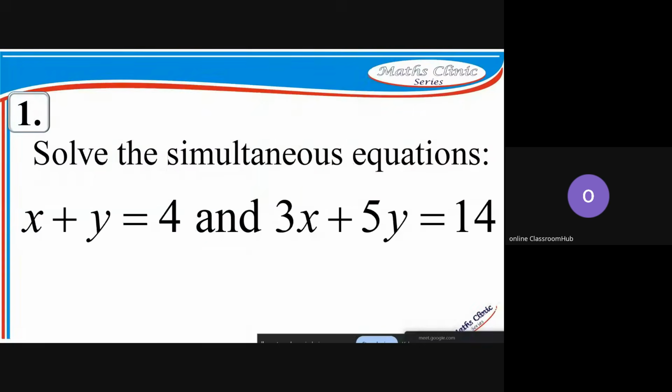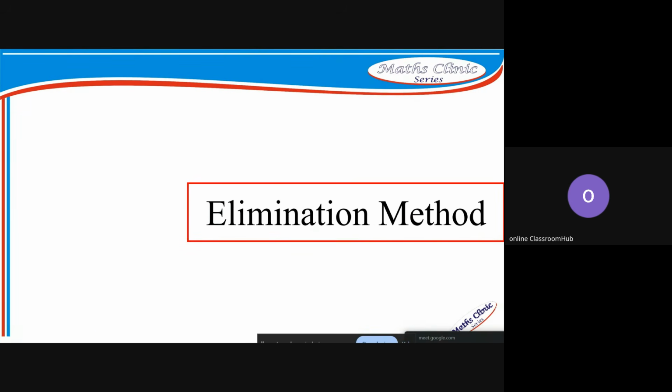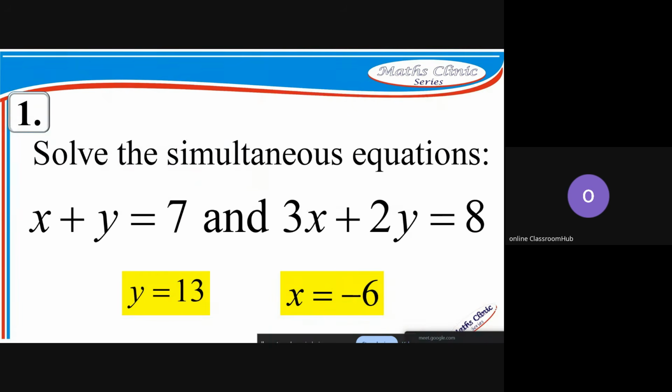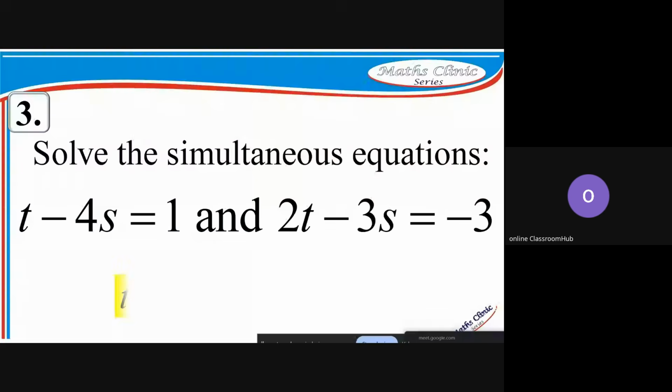These are all simultaneous equations in two variables, that is x and y, and this one p and q, two variables. Now let's start with the graphical method before we come to elimination and substitution. I think that one is familiar to all of us.